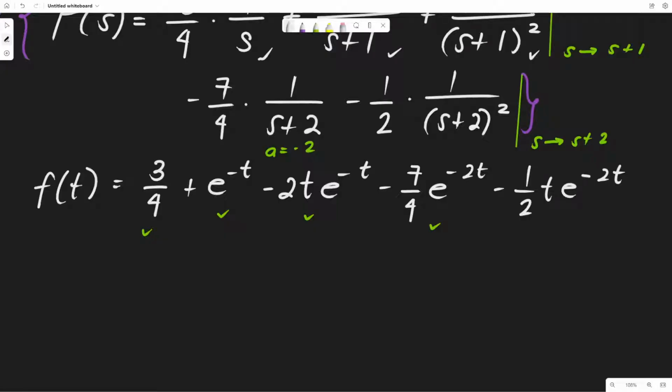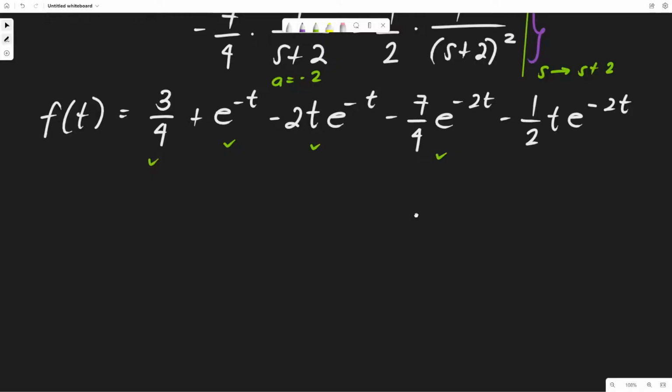Yes. Okay, let's simplify. Let's factor out the common terms, but I would prefer to factor out e raised to negative t and e raised to negative 2t.